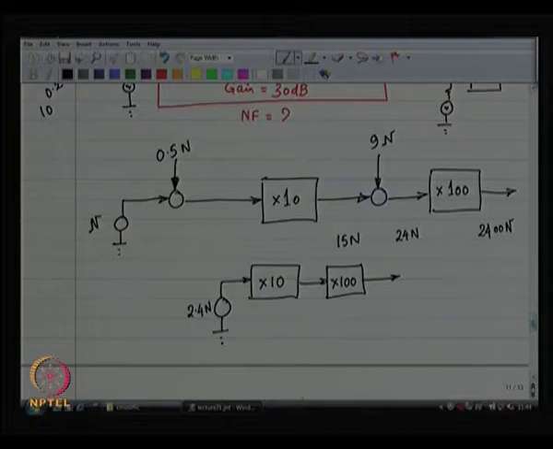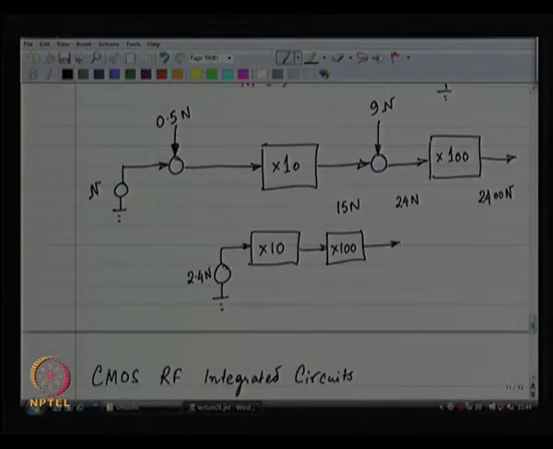2.4 times n is a factor of what? So, what is the noise figure? The noise factor is 2.4, and if you want to express it in terms of decibels, then you do 10 log of 2.4 and that will give you something like 3.5 dB.